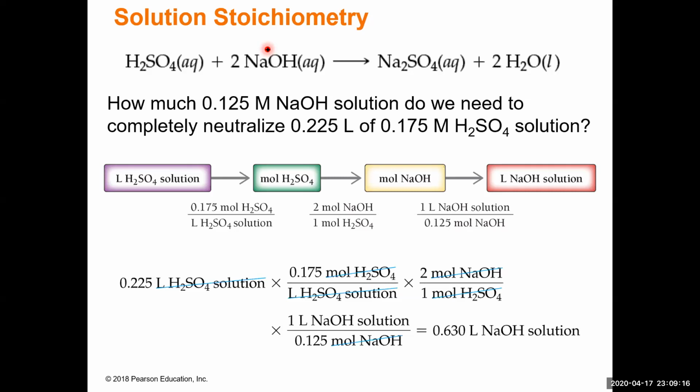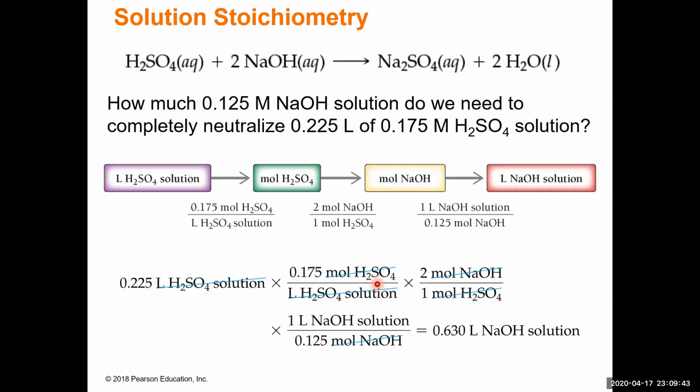So we'll start off with the data where we have the volume and molarity given to us. If we start off with the liters of H2SO4 and multiply that by the molarity of H2SO4, we can then cancel out the liters and we'll end up with just moles of H2SO4.